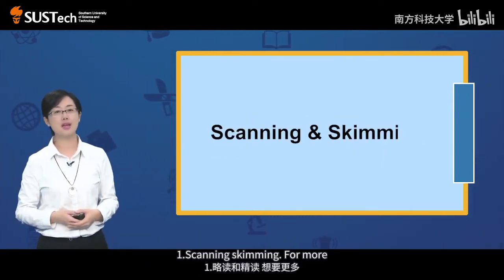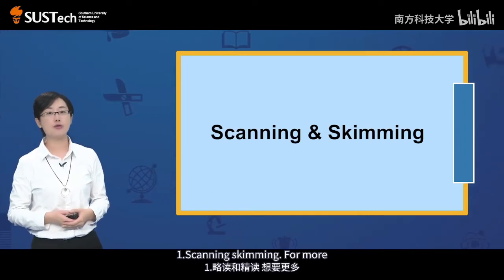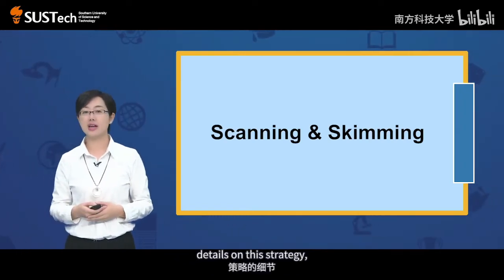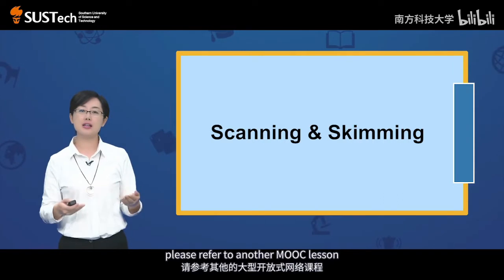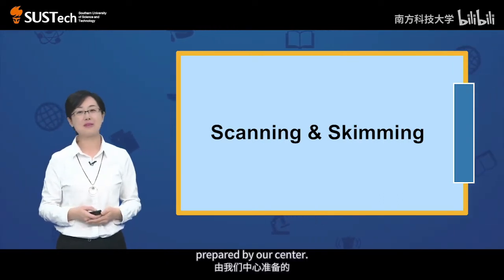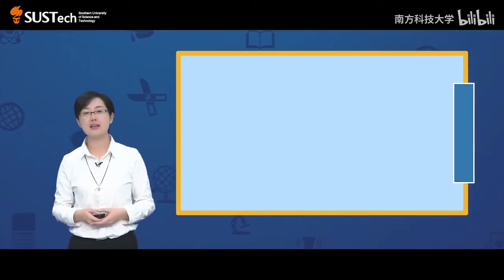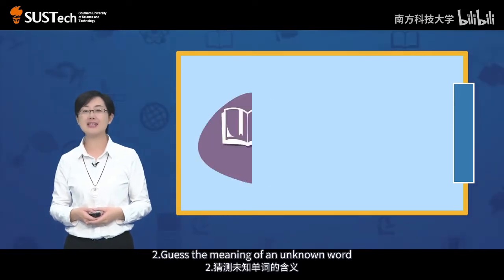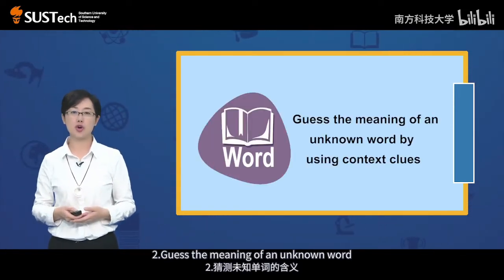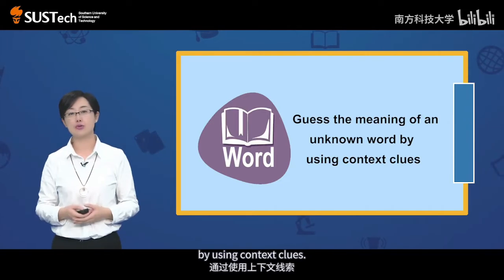The first one, scanning and skimming. For more details on this strategy, please refer to another MOOC lesson prepared by our center. Second strategy, guess the meaning of an unknown word by using context clues.